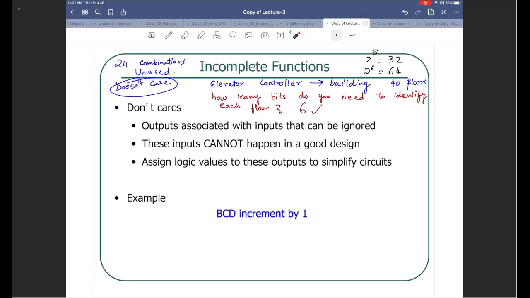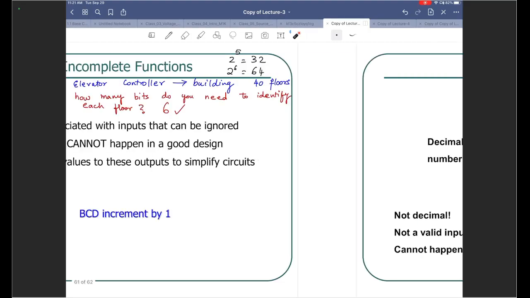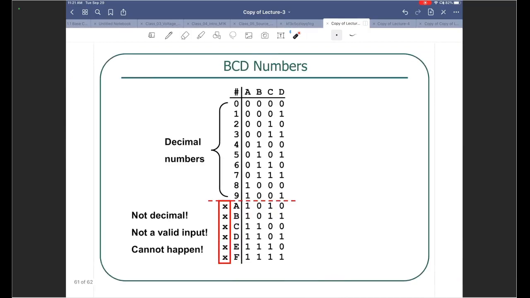Now let's take a look at an example of don't care outputs. BCD incremented by 1. This is a truth table of BCD numbers, binary coded decimal numbers. Of course, because these are binary coded decimal, you only have 10 valid symbols for decimal numbers, 0 through 9. So in binary, they are coded as 0, 1, 2, so on up to 9.